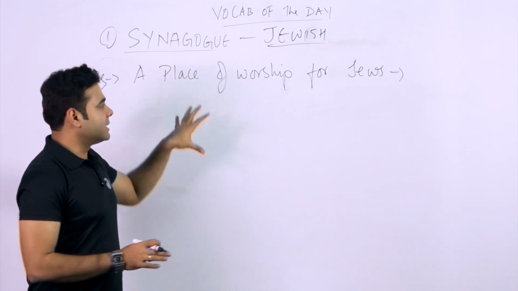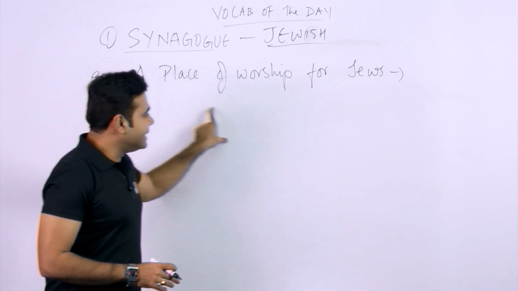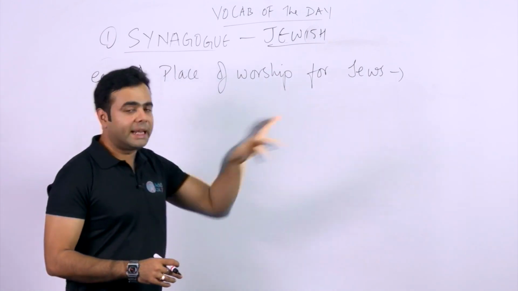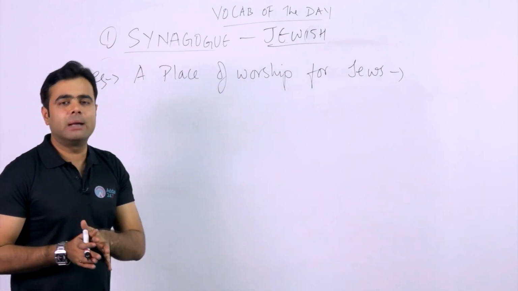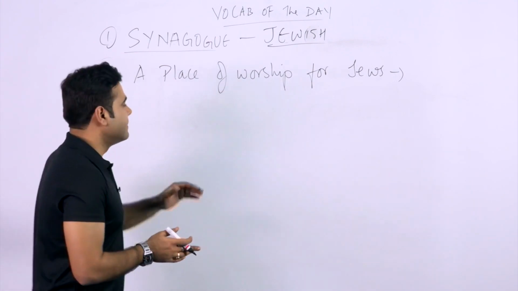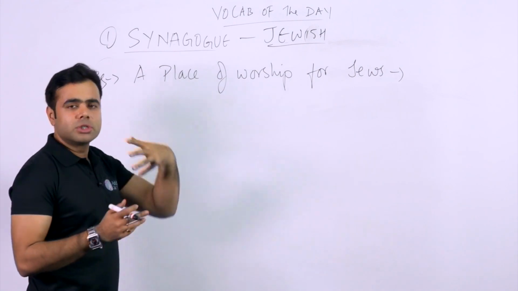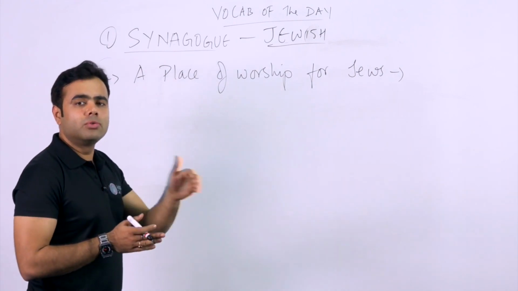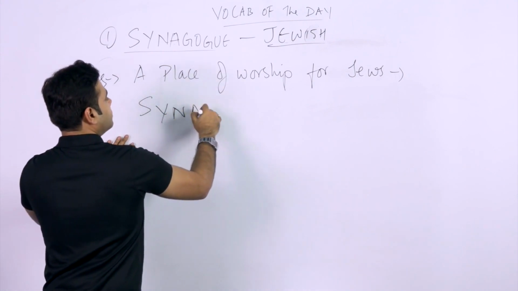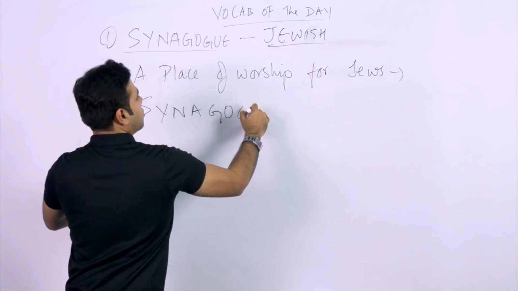The question is asking you, students, kindly tell me a word which can be suitable for this line. It was a question in an exam related to the Staff Selection Commission, that is SSC. A place of worship for Jews, exactly where they go to worship. So the place is called synagogue.